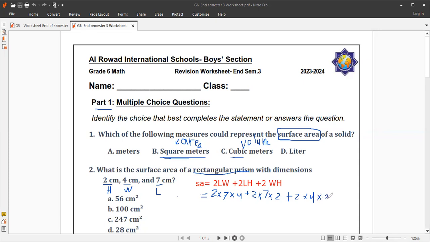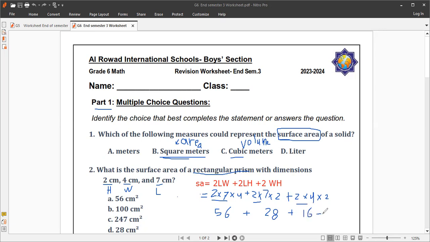Now we put plus here and plus here. 2 times 7 times 4: 4 times 7 is 28, times 2 is 56. 2 times 7 is 14, times 2 is 28. 2 times 4 is 8, times 2 is 16.